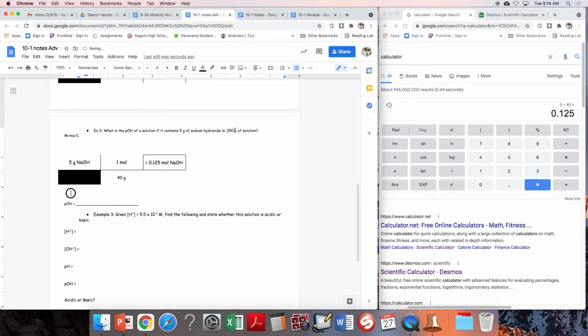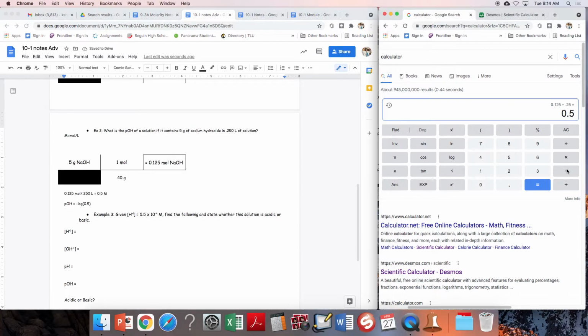liters. So to find my molarity, I'm going to do my moles divided by my liters. And that's going to get me a molarity of 0.5 molar. So now to find pOH, I take the negative log of that number. Which again, we're just going to plug it in, hit the buttons.